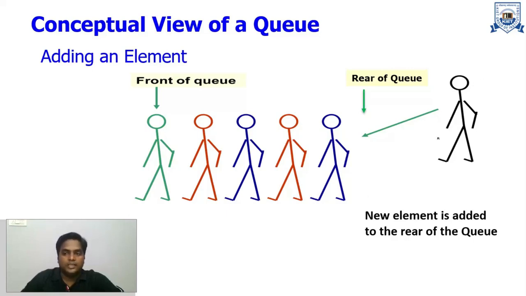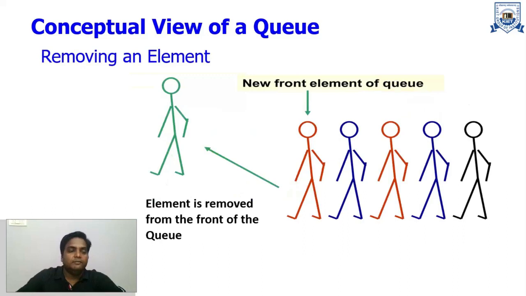So this new element will be inserted from the rear end. Similarly, when we want to remove an element, the front element will be removed and the next element after the front element will be the new front element of the queue. So this is the way through which insertion and deletion operation is performed in a queue.